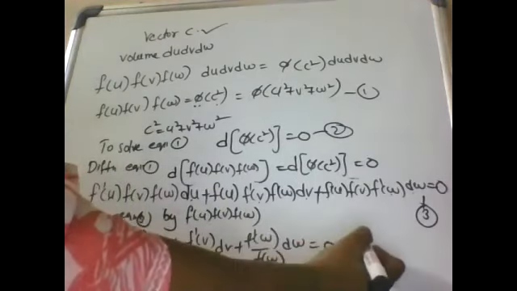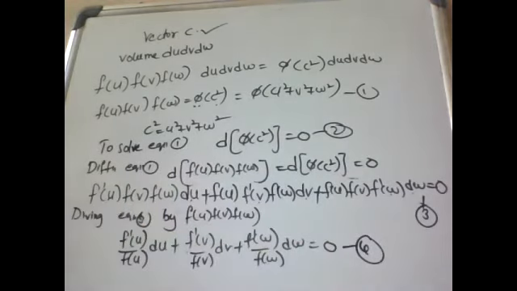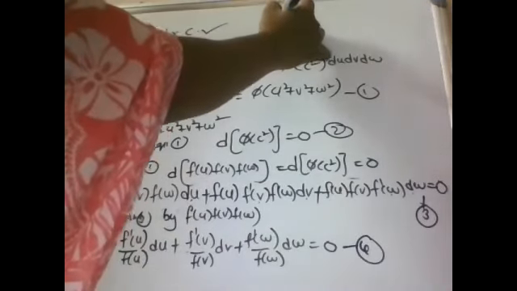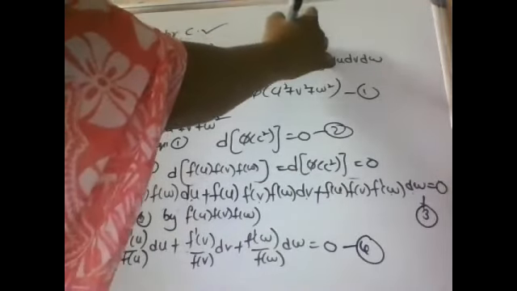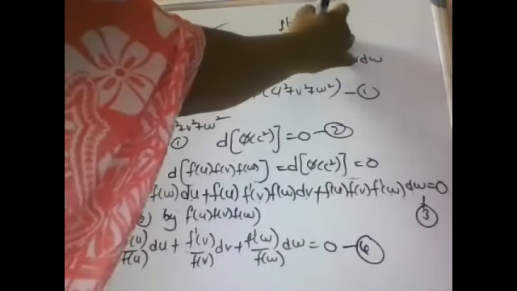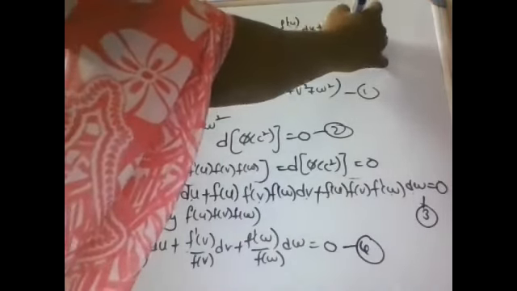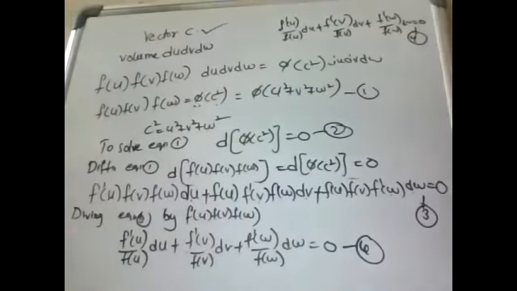Here we get one condition. So this is the fourth equation: f'(u)/f(u) du plus f'(v)/f(v) dv plus f'(w)/f(w) dw equals 0.